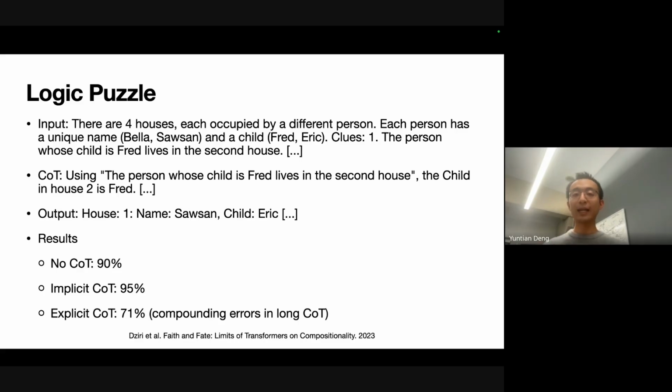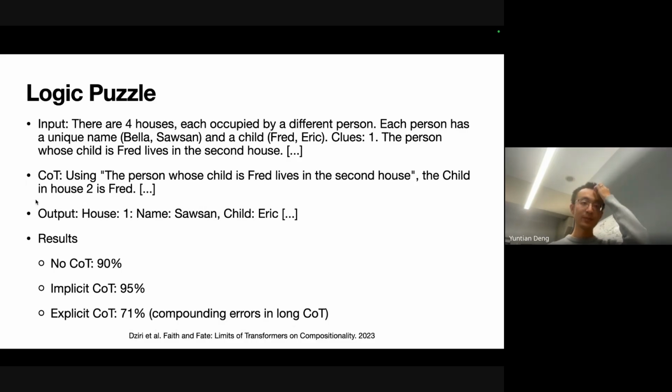Oh, and by the way, just to clarify, this data set actually comes from my other colleague at AI2, Nouha, from her paper called Faith and Fate, Limits of Transformers on Compositionality. Here, these examples can be converted into the same input, reasoning, and output format as what we showed in our approach slide.